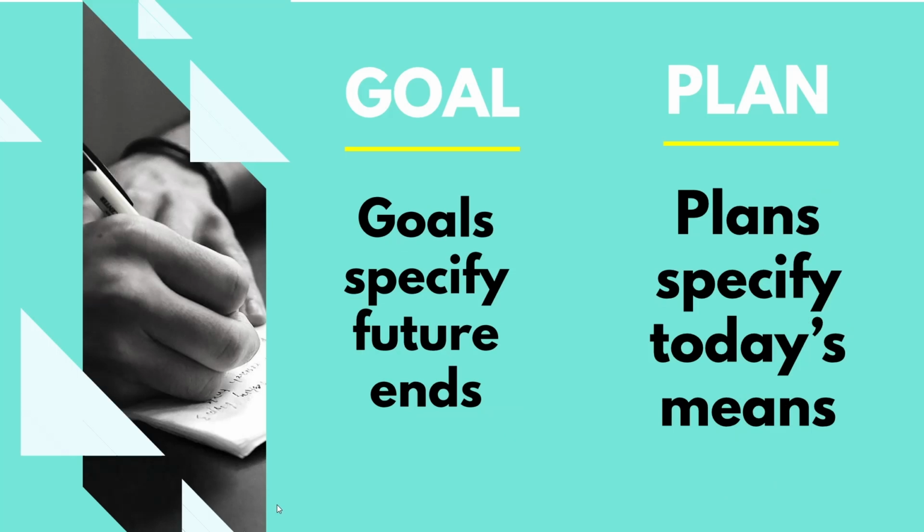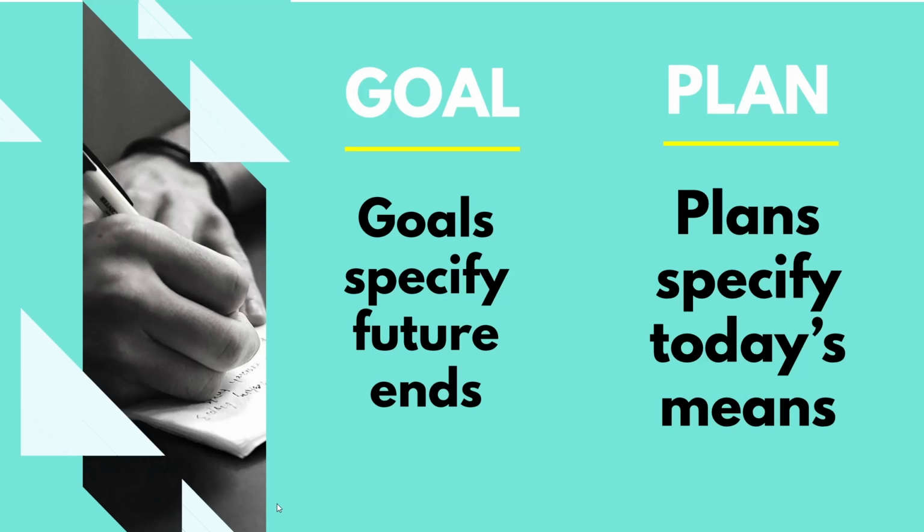So, goals and plans work together but focus on different things. Goals specify future ends. Ibig sabihin, goals are focused on the final outcomes that we want to achieve in the future. For example, yung a goal might be to increase sales by 15% by the end of the year. The goal tells us what the result should be. Plans specify today's means.